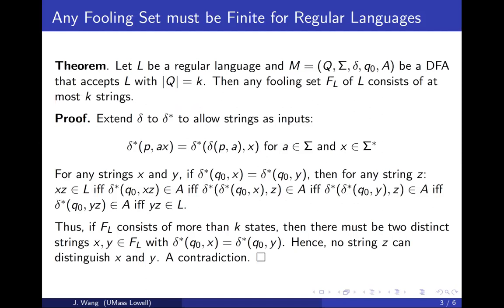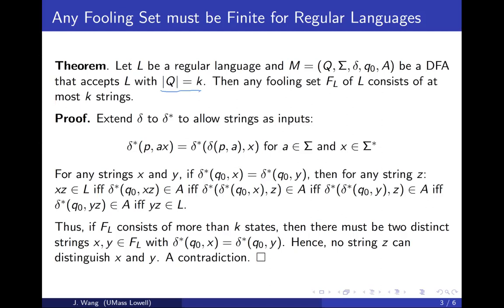Okay, so the size of Q is K. Then any fooling set F sub L of L consists of at most K strings. Okay, so the idea to prove it is that first we are going to extend the standard transition function delta to allow a transition on a string rather than on just an input.